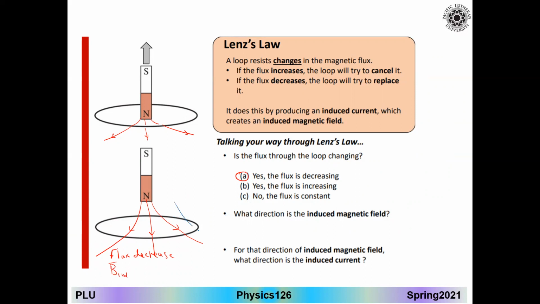So we are going to generate a magnetic field that goes that way, pointing down. If you want to say it, the direction of the induced magnetic field will be down.